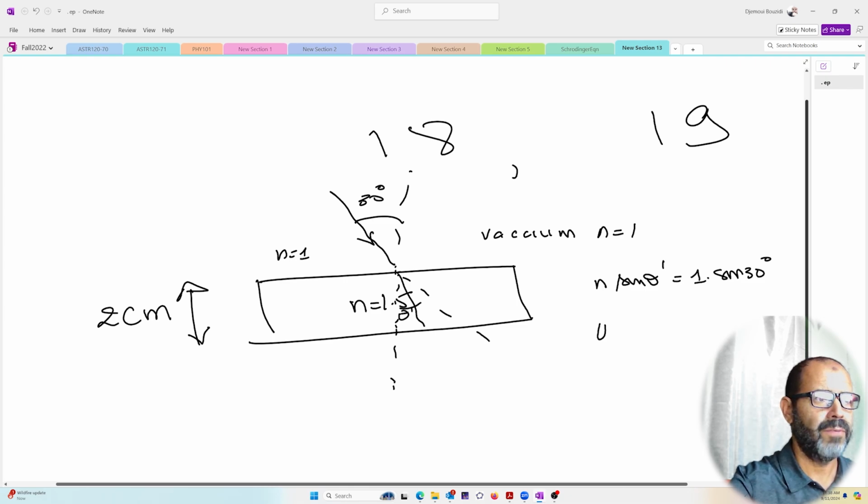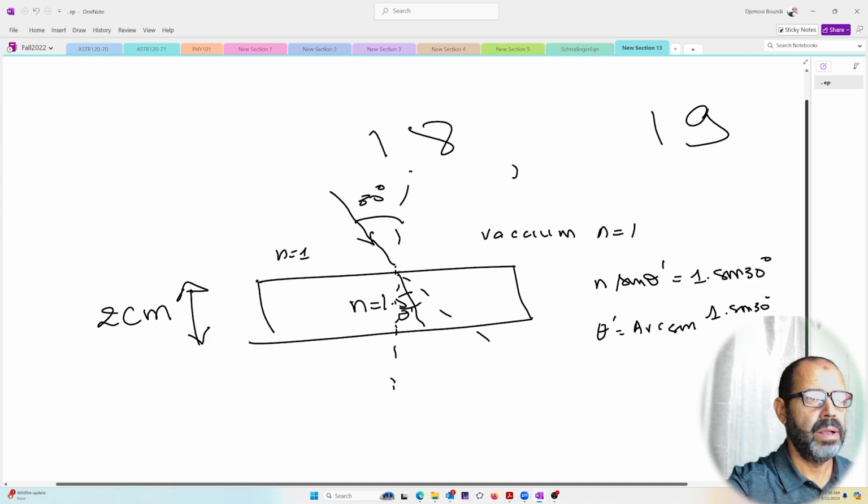From here, I can find theta prime as being the arc sine of 1 times sine of 30 degrees divided by n. With n being more than 1, this will ensure that we get an acceptable value. So again, I'm going to plug in the numbers.